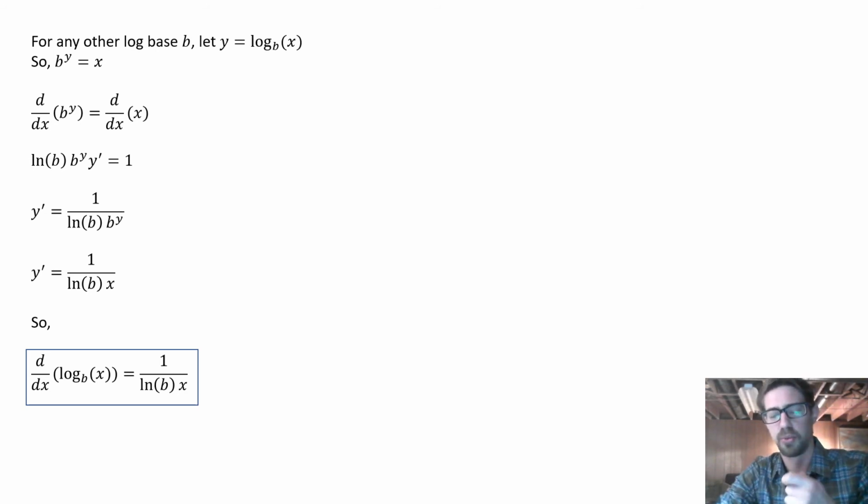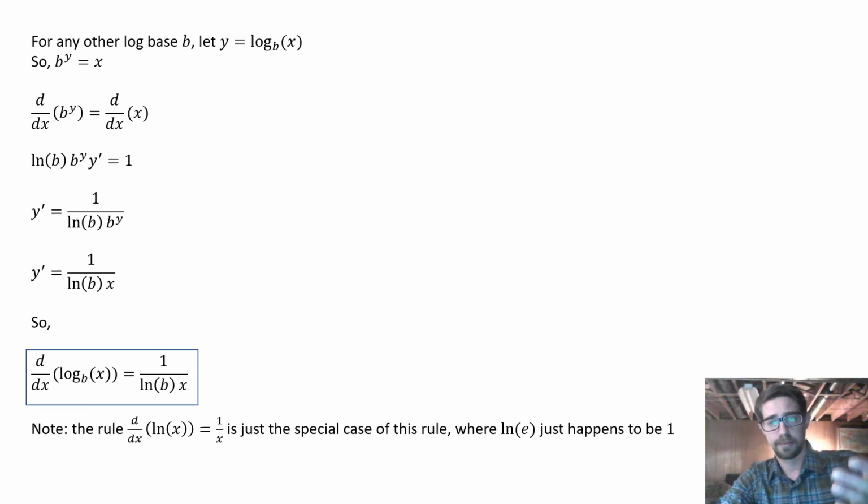The rule for natural logs, which is easy to remember, is just a specific instance of this rule where the natural log of the base doesn't show up because it happens to be 1. So all logarithms have the same rule. Just in the case of the natural logarithm, which is a special one, the ln of b doesn't show up.